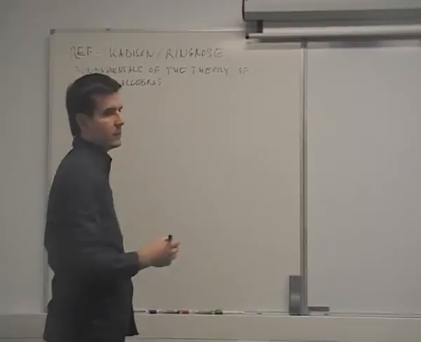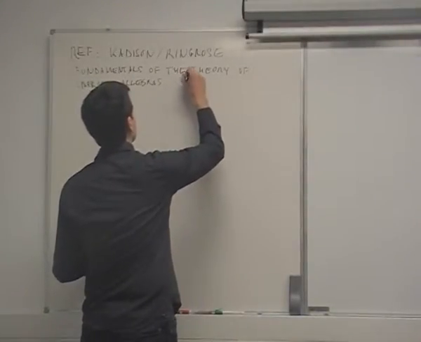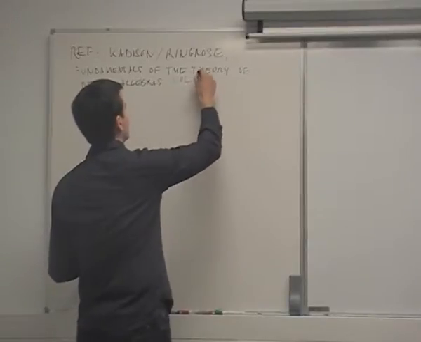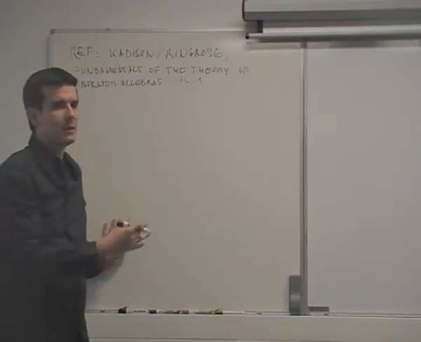This comes in several volumes, but what we'll be talking about is all in volume 1. So, of course, you can find proofs of everything I'm saying today in this book and in many other books, actually.